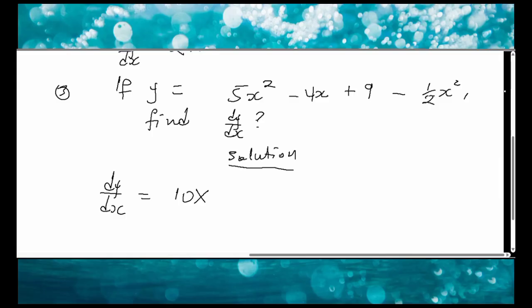minus 4x. So I bring my negative sign, right? And then I'm going to multiply the exponent of this x by the coefficient of the x. The exponent of this x is what? 1. So when I multiply the 1 by the minus 4, what do I get? I get minus 4. Okay, get minus 4. But you're going to decrease the exponent by 1.